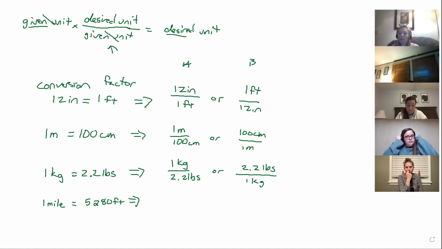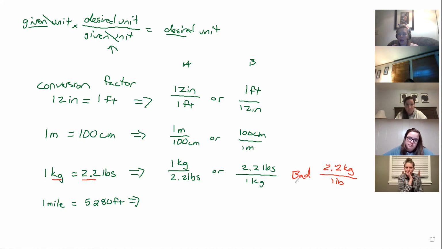Things you don't want to write. So I'm going to write this in red. I don't want you to write this down as something you would use. These are bad. Very bad. Would be 2.2 kilograms is equivalent to 1 pound. Okay, why does that not work? Well, what's happened is we've taken the number and we've mixed it up with the incorrect unit.